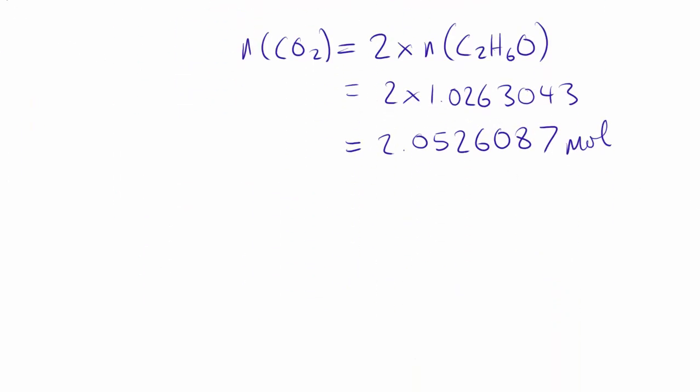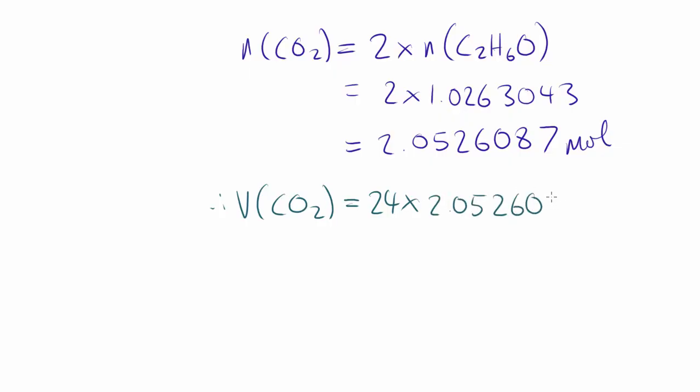So in effect, the volume of the CO2 is going to be equal to 24 multiplied by this value up here, 2.0526087.